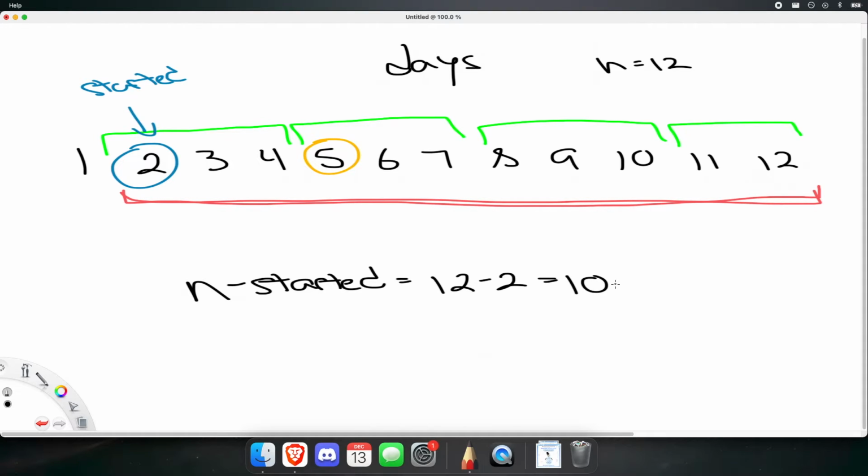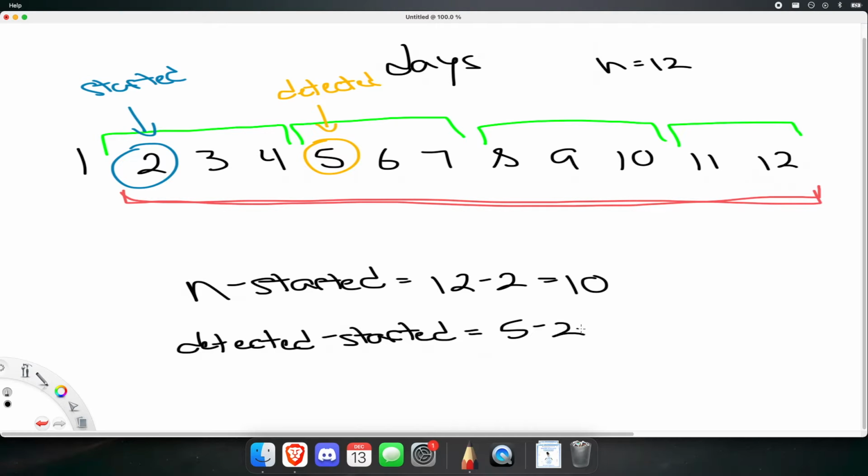Next, we want the length. So let's say we detected it here. So we want to do detected minus started, and this would be 5 minus 2, giving us 3.